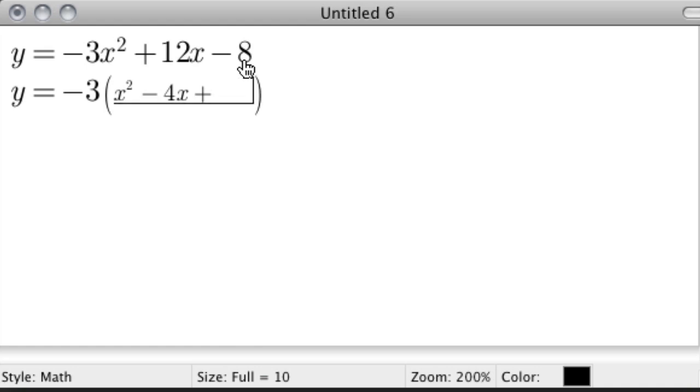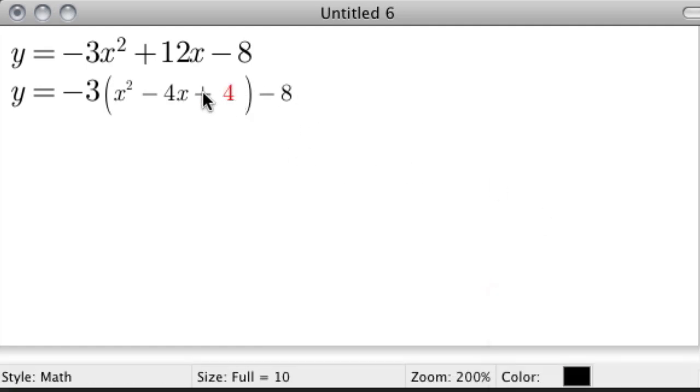I'll leave a space to fill in that term. And on the outside, I have negative 8. When I go to complete the square, I need half of the middle term, which is negative 2, and then I square that and get a positive 4. So I'll replace my space with a positive 4.